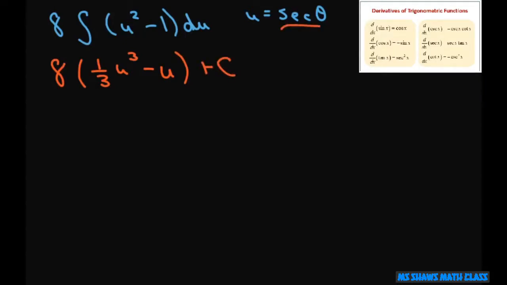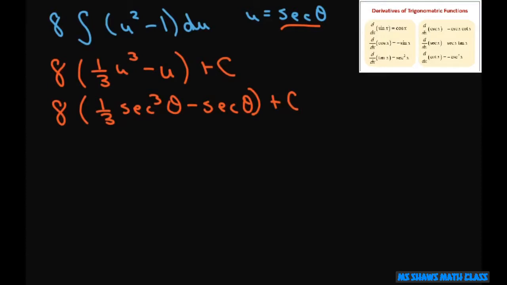Substitute back in your secant, and you get 8 times 1/3 secant cubed theta minus secant theta plus c. If you want to simplify this further, this would be 8/3 secant cubed theta minus 8 secant theta plus c.